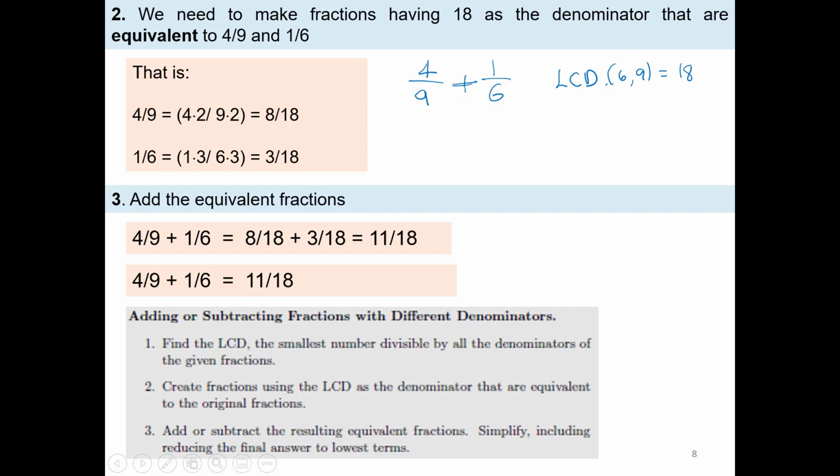This is the procedure for how we add or subtract fractions with different denominators. Step number 1, we need to find the LCD. Step number 2, we need to create equivalent fractions in which the LCD value will be the denominator of the new fractions.